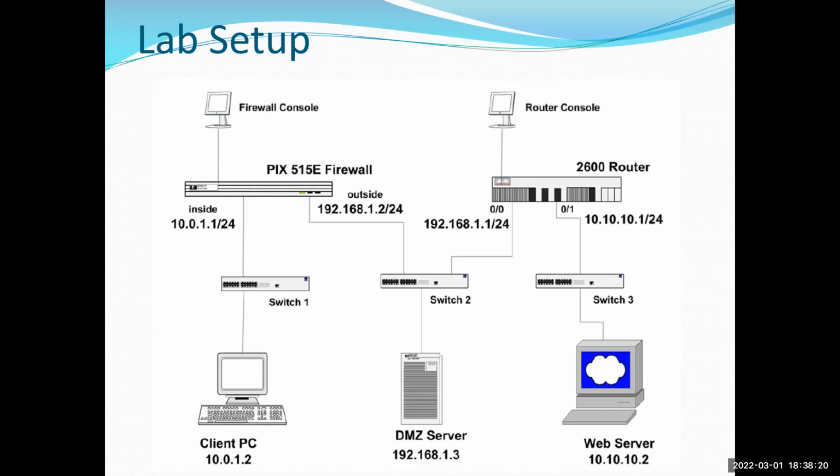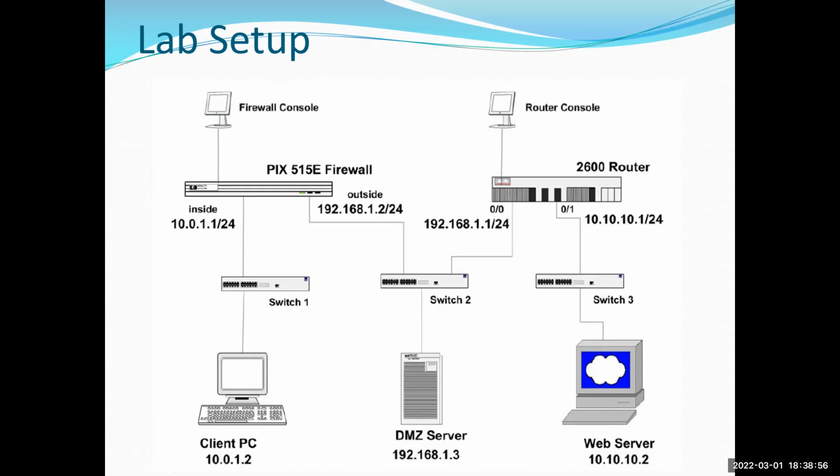And then after that, the last simple thing that you need to do before anything major is to set up the route command. And why do we need a route command? So think about this. We're not using any dynamic protocols, right? You're just setting up everything statically. I'm not asking you to enable any discovery networking protocols, right? So what's going to happen? This ASA device only knows the 10.0.1.0 network and the 192.168.1.0 network, but it doesn't know other networks.